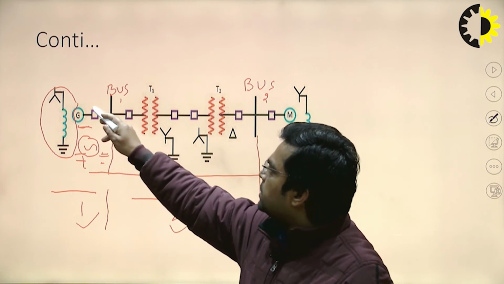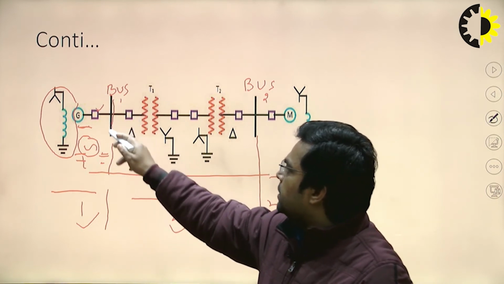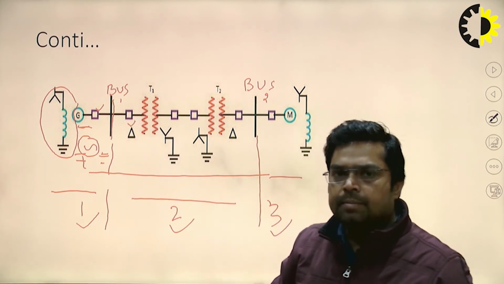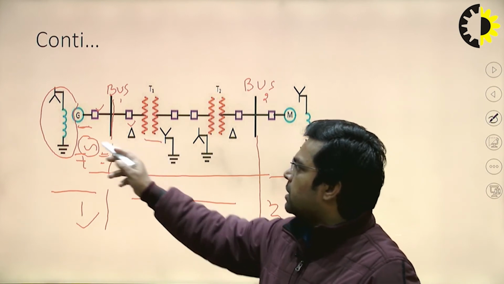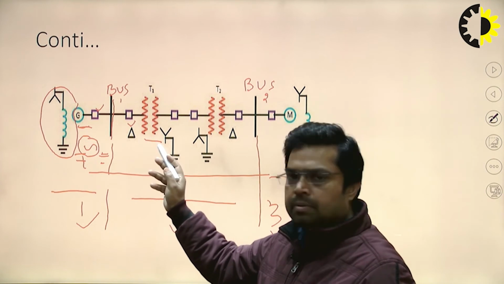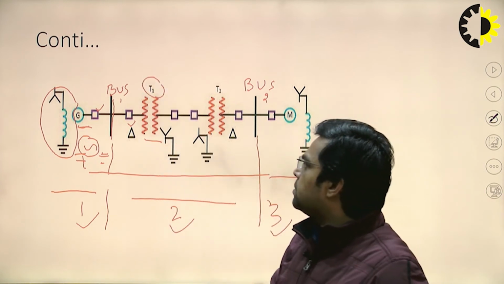This is the representation of a circuit breaker. This is the simple representation of a bus. This is again a circuit breaker. This is the transformer. Obviously this is generation to transmission side, so this is a step up transformer. Transformer 1 is taken as a step up transformer.